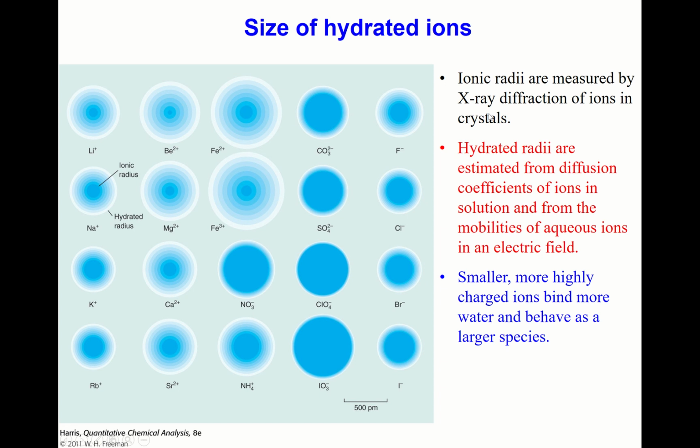But how do you measure the hydrated radii? They are estimated from diffusion coefficients of ions in solution and from the mobilities of aqueous ions in an electric field. Using these techniques, we can roughly, not exactly, estimate the hydrated ion size.